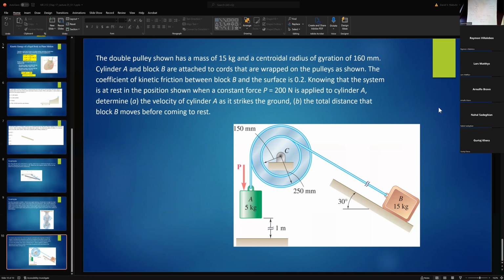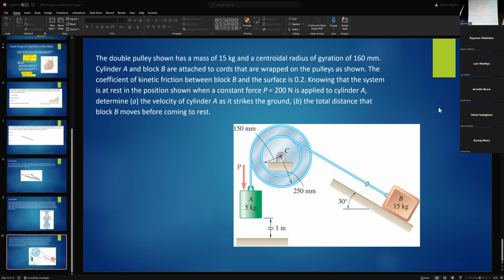But as we go through this problem on Friday, you'll see that it's pretty straightforward in the sense that you just have to keep track of what's what. You know that A is losing mgh. As it goes down, it's losing potential energy, but that's adding energy to the system, right? So 5 kilograms times gravity times 1 meter is energy that is helping that 15 kilograms slide up the hill.